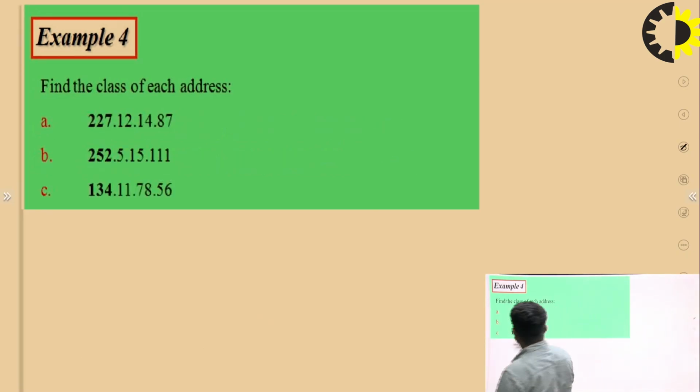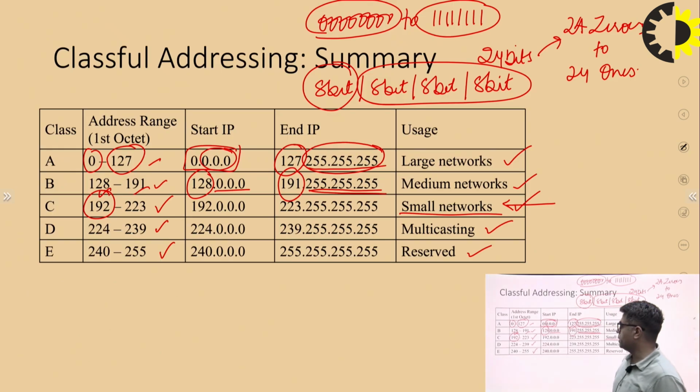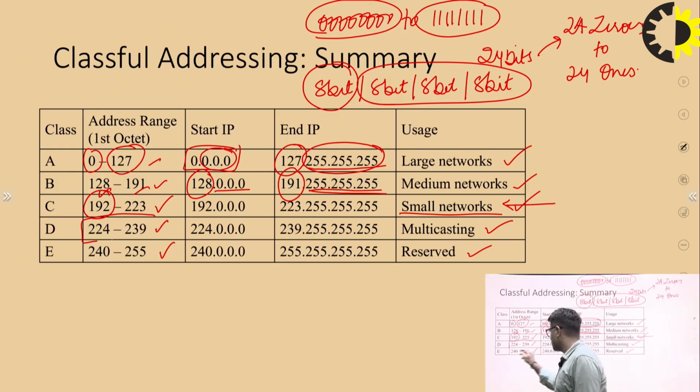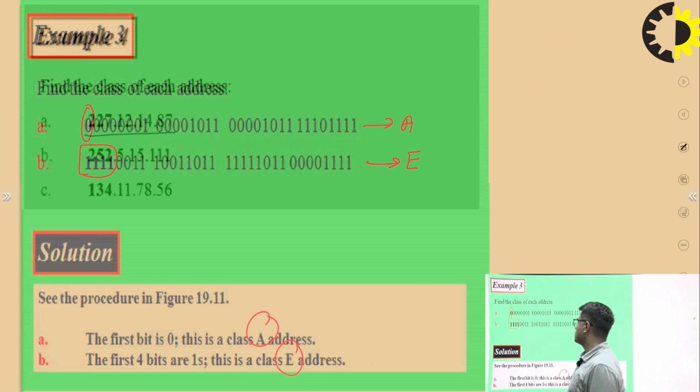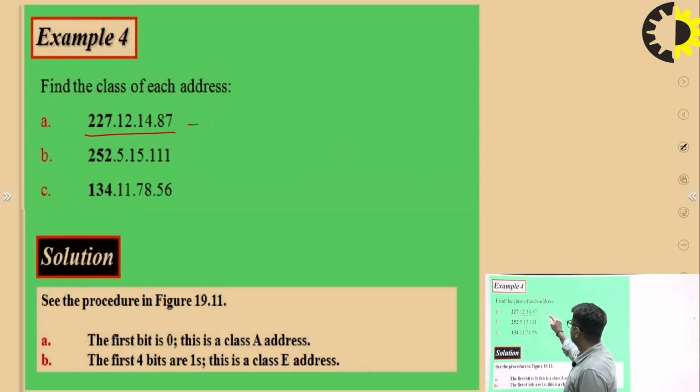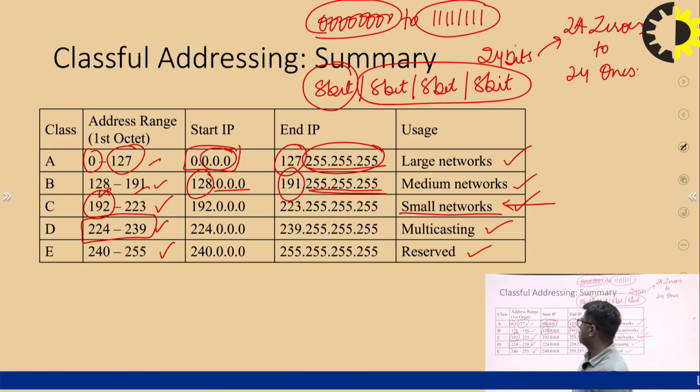Similarly, we can find the class of each address here also. 227 in the binary notation. 227 means it is lying between this range. So it is class D. 252 is lying between this range.